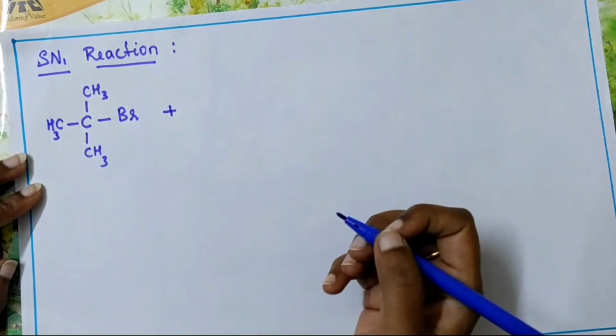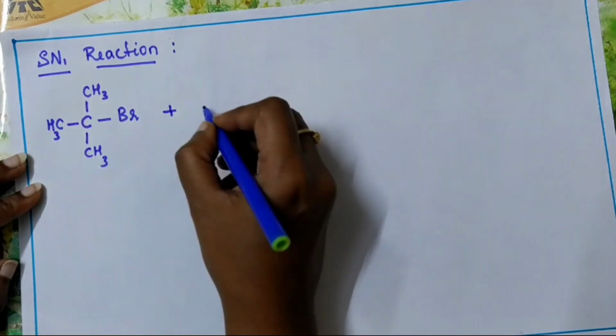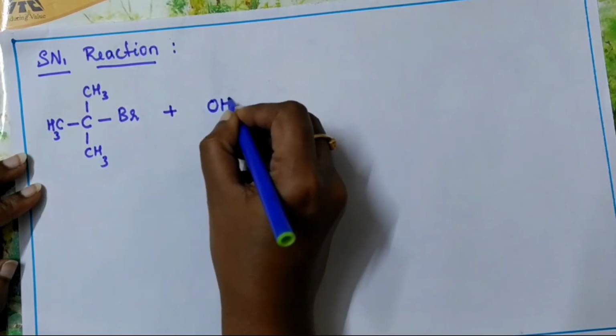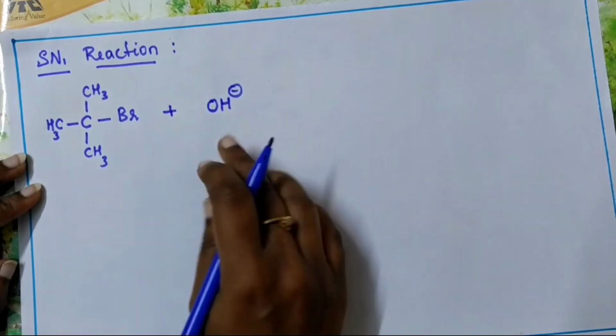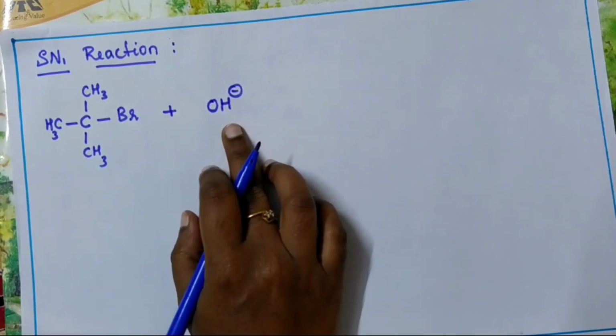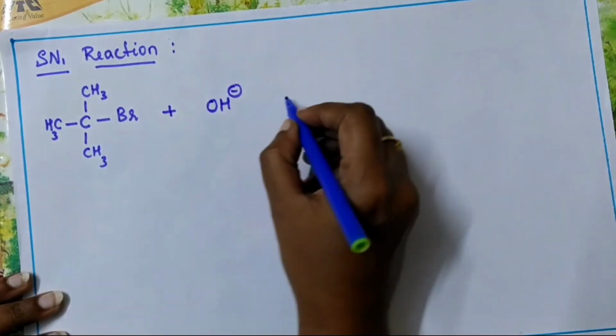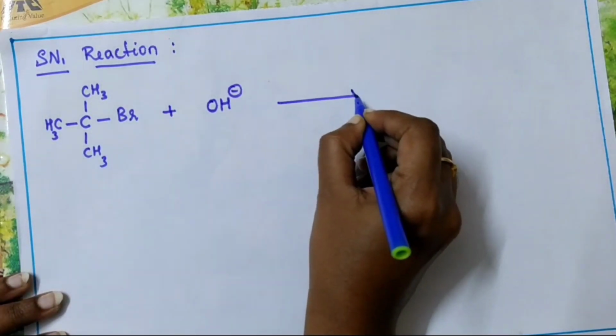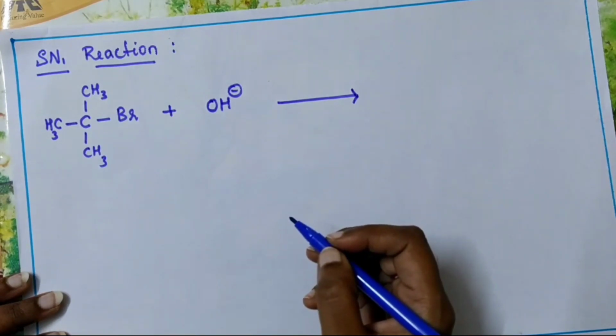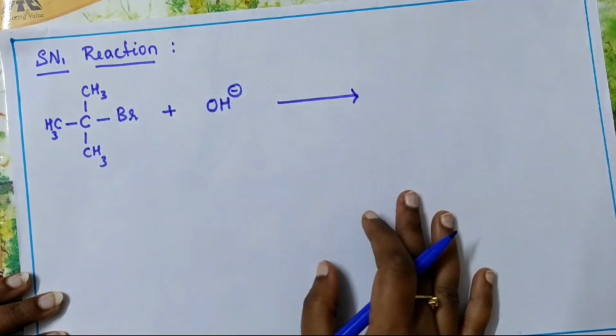For the sake of your board examination, I am going to consider OH minus. We came to know we get this OH minus because of using a polar protic solvent. Okay. When these two react together, we are going to get some product.